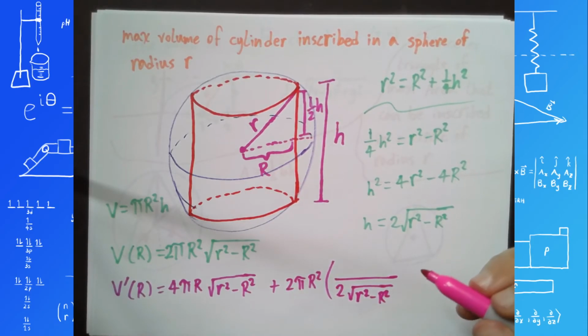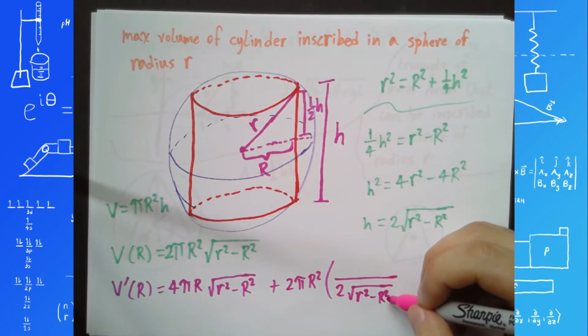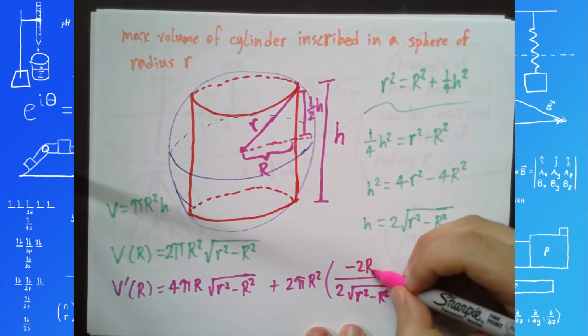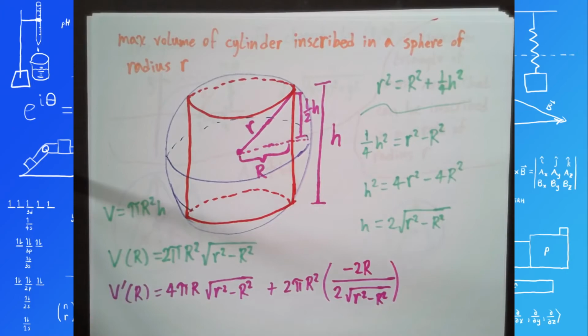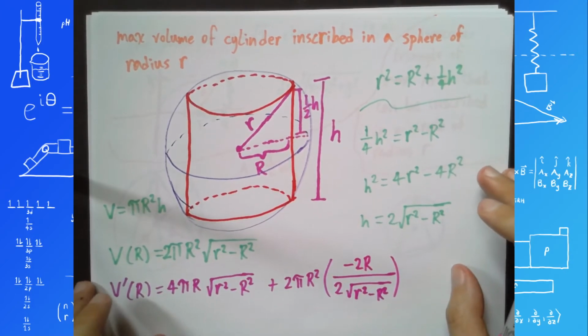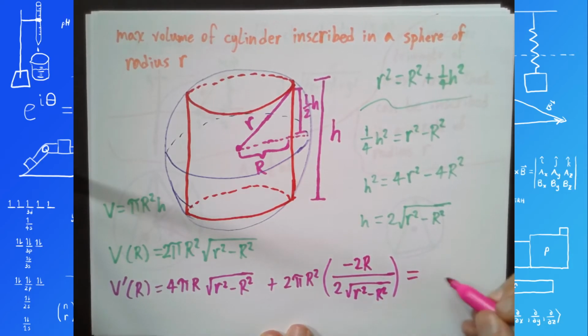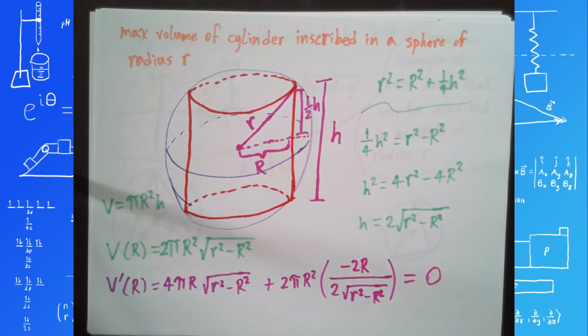Little r squared is a constant, minus derivative of big R squared, so that's -2 big R. Okay, there we go. And then I want to set that equal to 0 to find my optimum value.